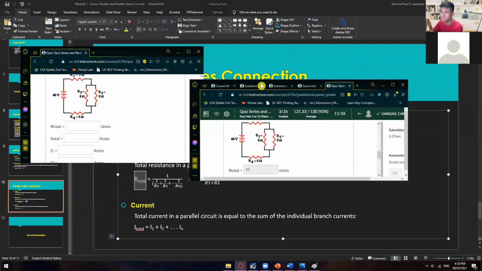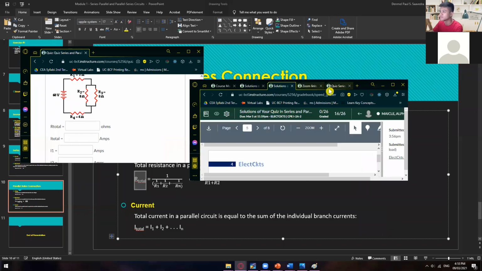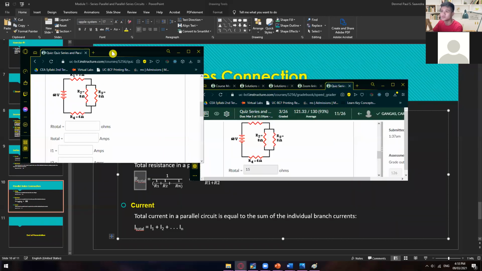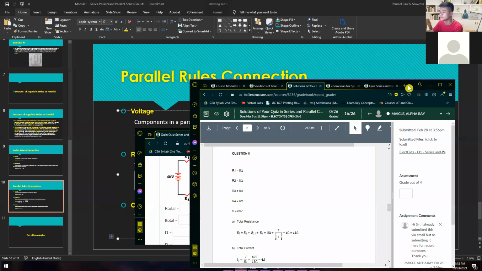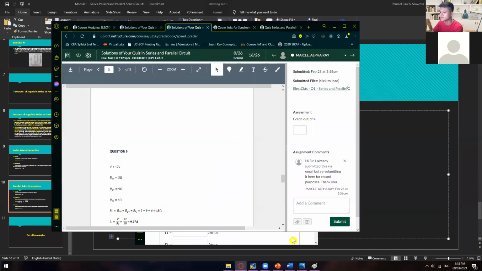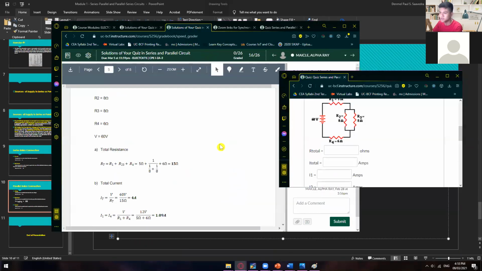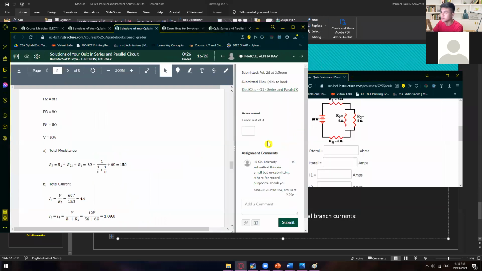There you go. So from here, for you to be able to get the R total, just put this one on the other side.